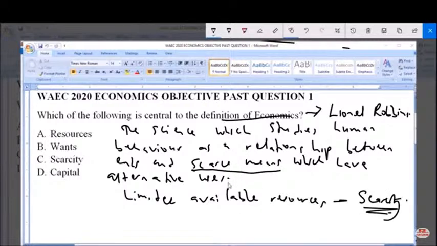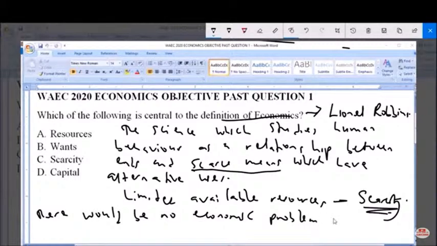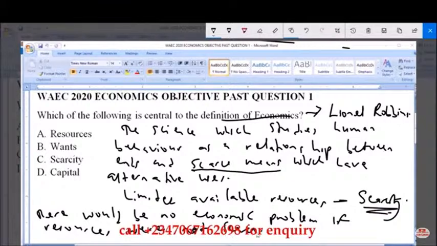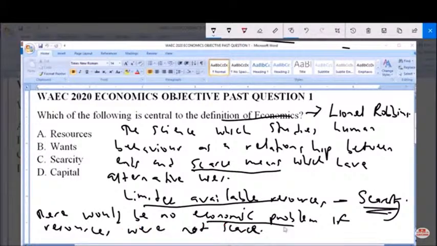So scarcity is a central part of the definition of economics because there would be no economic problem if resources were not scarce. So if resources were not scarce, or if there was no limited availability of resources, there will be no economic problems, and hence there will be no economics.